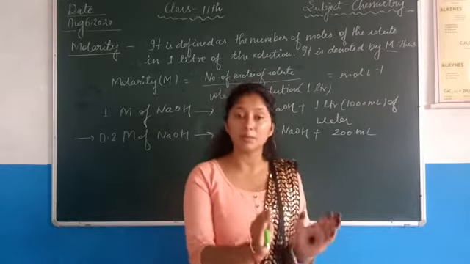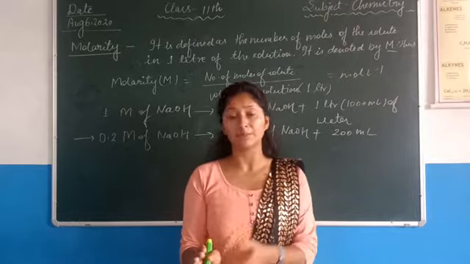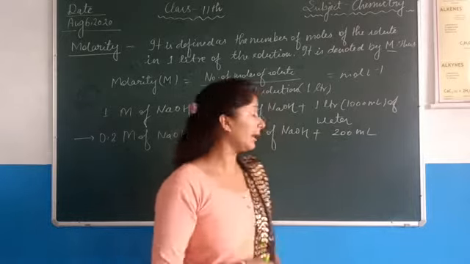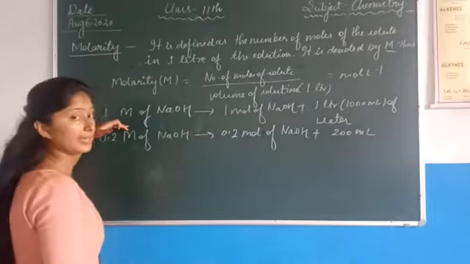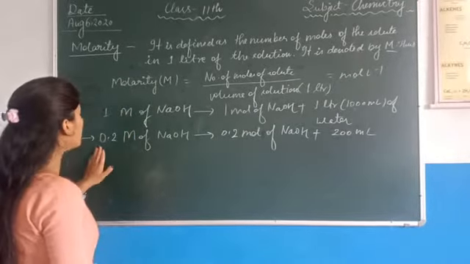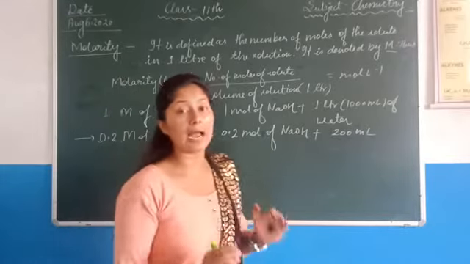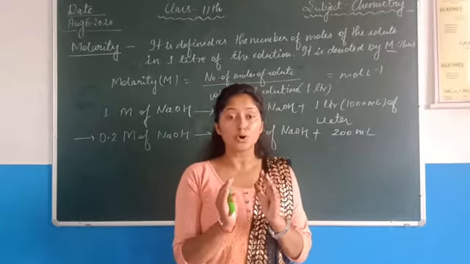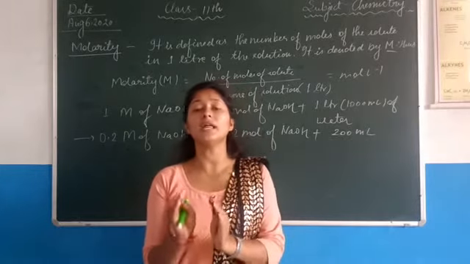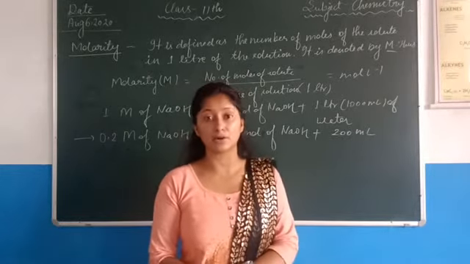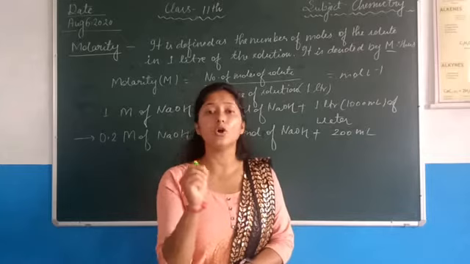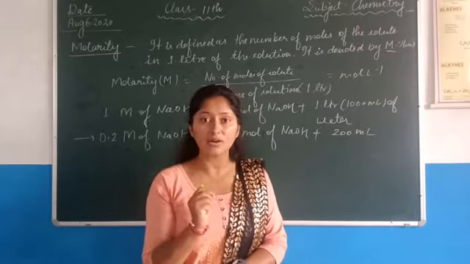This is already prepared in the laboratory and we have to prepare from this molarity solution, we have to prepare 0.2 molarity solution of sodium hydroxide. Okay, so for 0.2 molarity solution of sodium hydroxide we take 0.2 moles of sodium hydroxide.